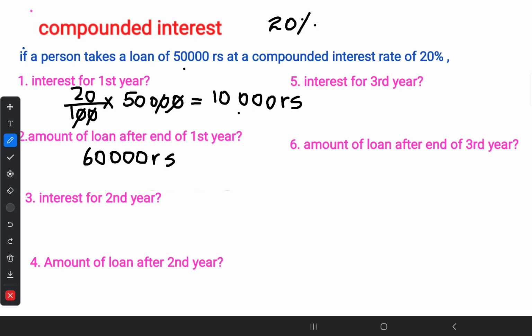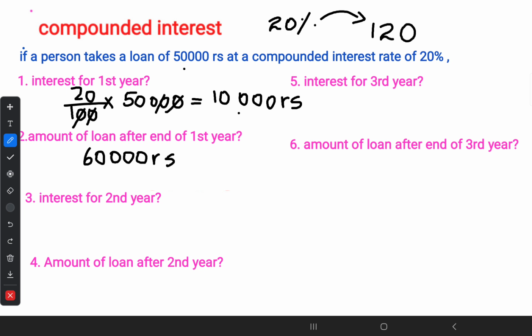With 20 percent interest, if you get a 100 rupee loan, you have to repay that 100 rupees plus the interest of 20 rupees together. You should repay 120 rupees, right?